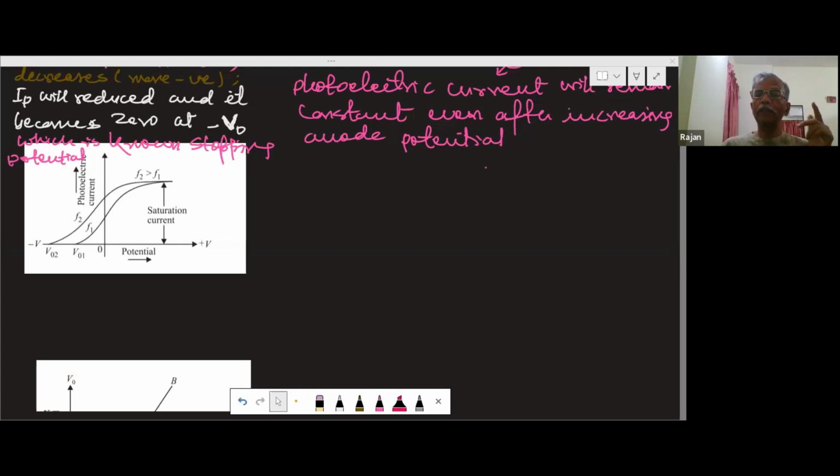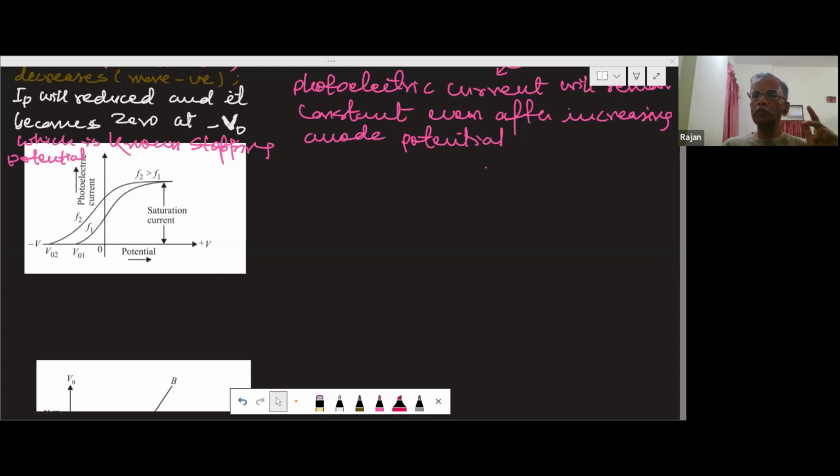Now, both have the same intensity. Both incident rays 1 and 2 will have the same intensity this time. It means they will saturate at the same point. Why? Same intensity means the same number of photons in the incident radiation.